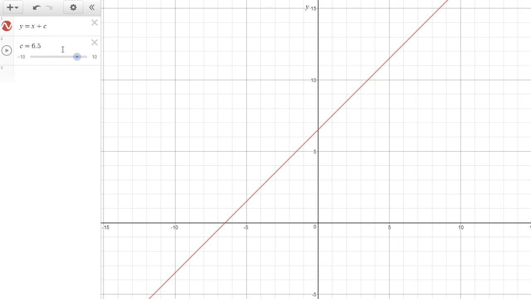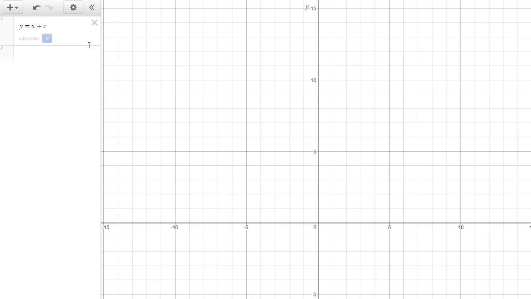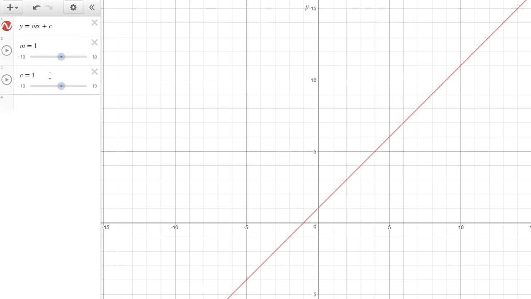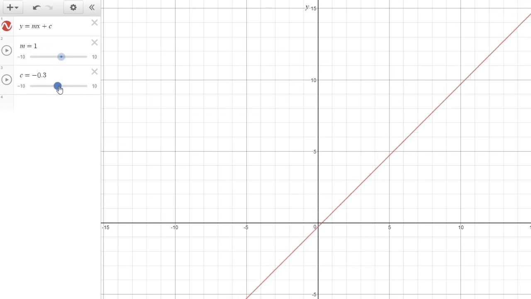Okay, so what we can do then is write out a general equation. So now we've got y equals x plus c, but we can put our value of m in, which changes the gradient as well. So y equals mx plus c, and now we can do the sliding routine again. Let's leave the gradient at 1, and put the value c at 0.